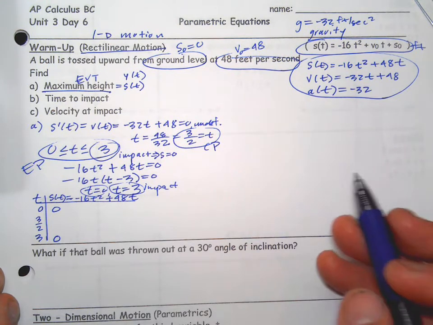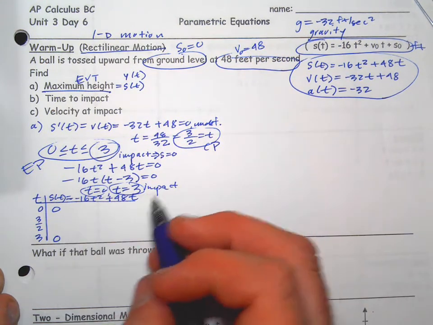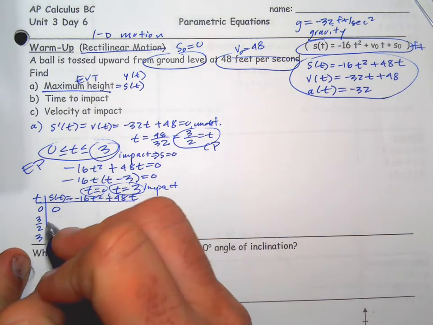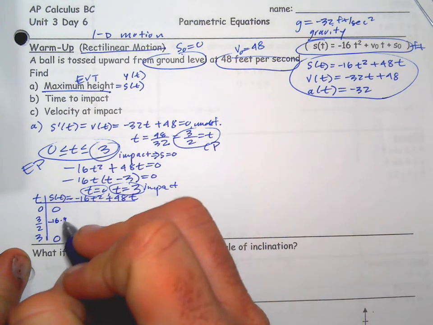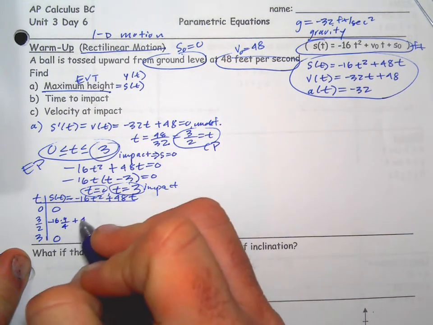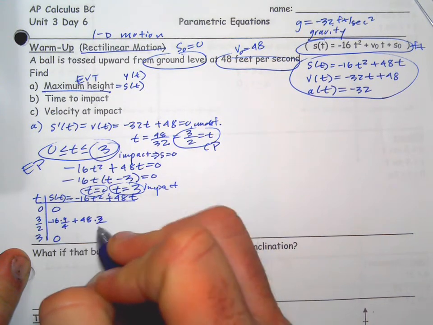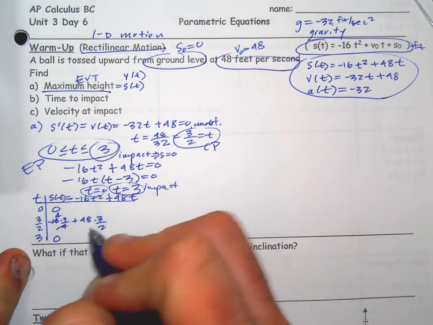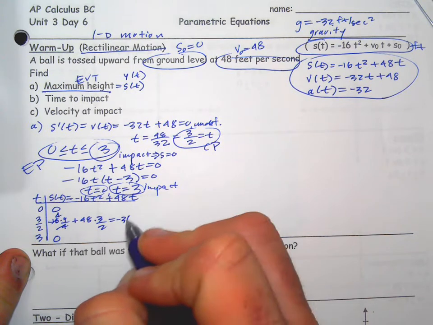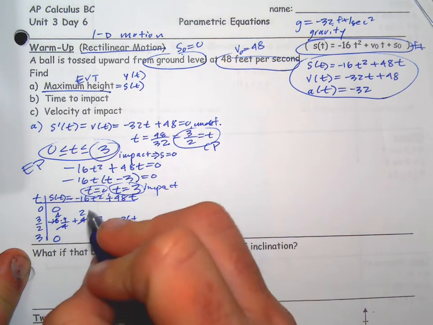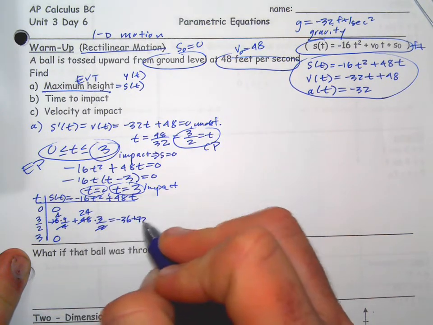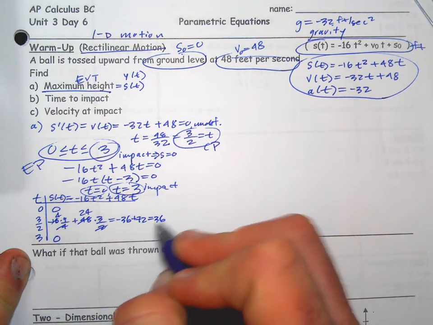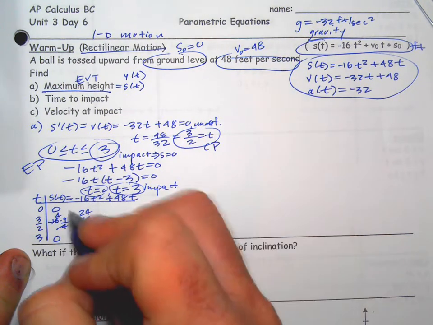It's a good double check, I guess. Plug 3 back in, you should get 0. 3 halves gives negative 16 times 9/4 plus 48 times 3 halves. And so that's going to be negative 36 plus 72, so it's going to be positive 36. That's your max. These are your min.